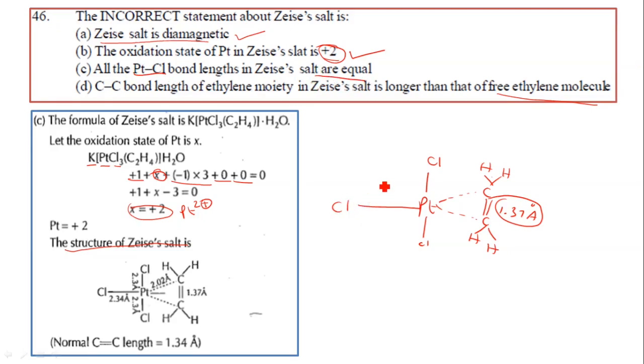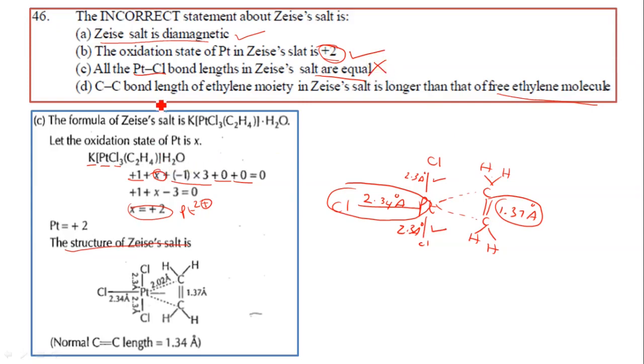See the bond length: this one is 2.3 Angstrom, but this other bond length is somewhat longer, 2.34 Angstrom. This is a longer bond, while the other Pt-Cl bonds are equal. Okay, option C is incorrect.